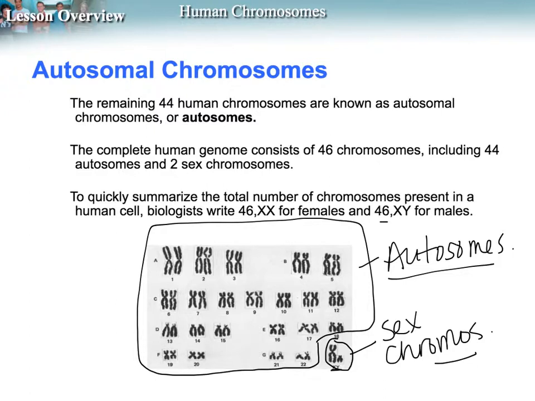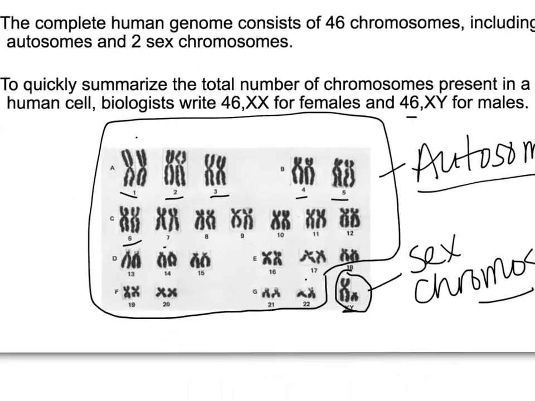But everything else is going to be called autosomes. So notice in this karyotype, everything is lined up and paired up from biggest to smallest, and then we put the sex chromosomes at the end. There are a couple of things I want to point out here just to connect this karyotype picture to what we have learned in the past.